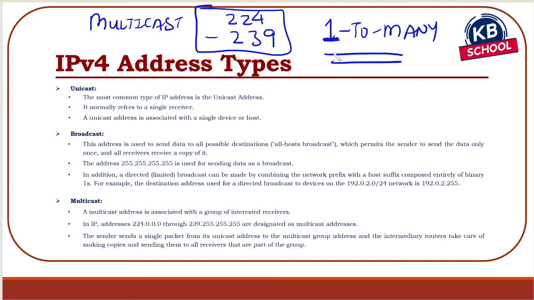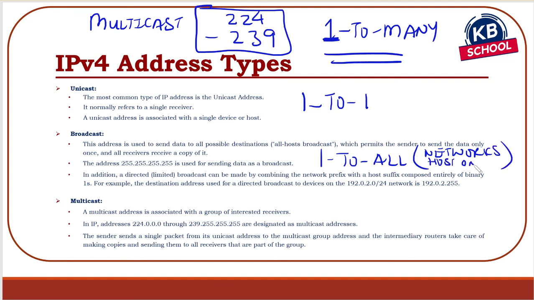So again, one-to-one, one-to-all, all meaning all networks or hosts on a network, which is the directed broadcast. And then this was one-to-many, specific not to a network but to an application. So you need to have an application dedicated for doing multicast communication. Very specific applications do that.